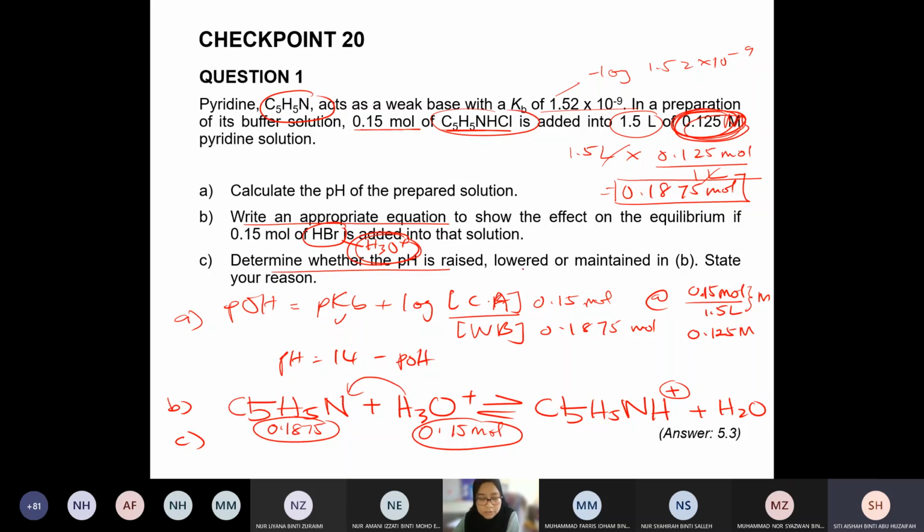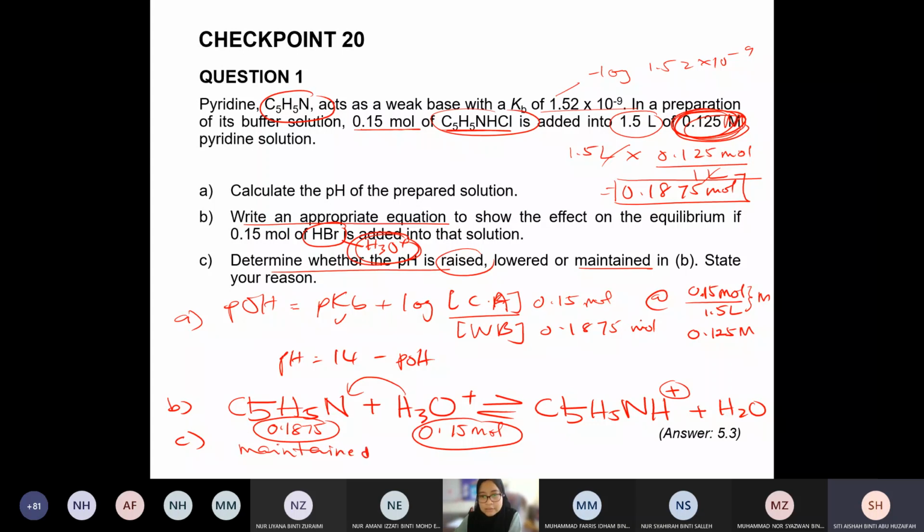It will definitely not be raised lah. Sebab you masukkan acid kan, dia akan lowered. Tapi is it drastically lowered ataupun dia gradually lowered ataupun reduce? Maintain lah. Maintain tu maksudnya gradually. Okay, dia turun tapi dia still boleh maintain sikit-sikit je, point something saja. So the answer will be maintain.